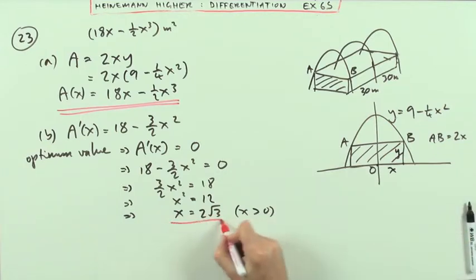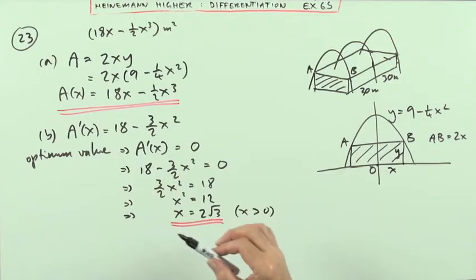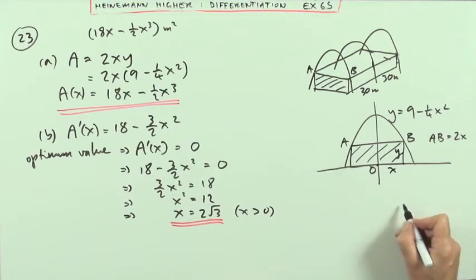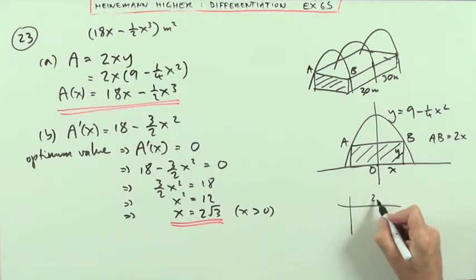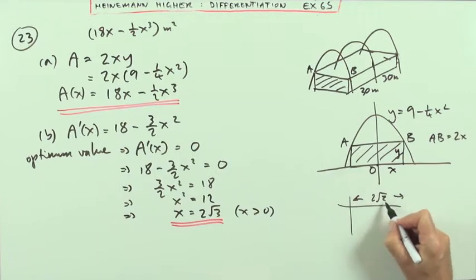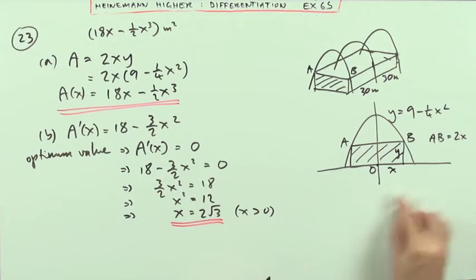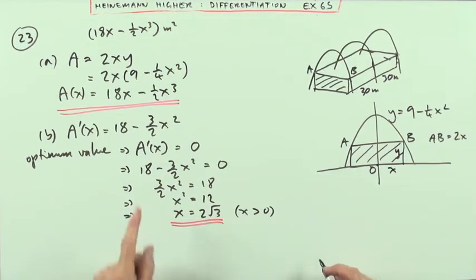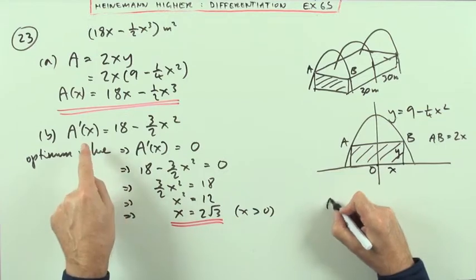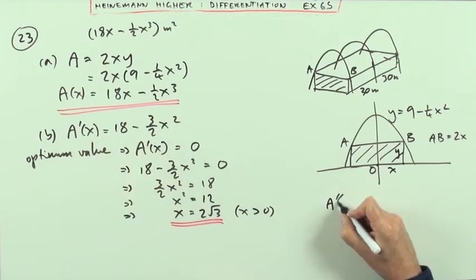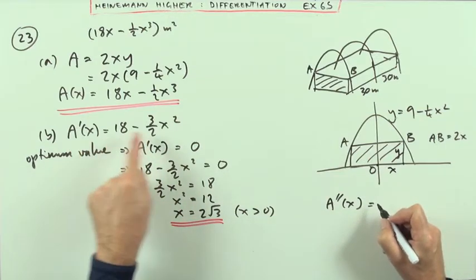So something happens when x is 2 root 3, and the question says it should provide a maximum volume, but I'll just check that. I could make up a nature table with 2 root 3 and then see what happens before and afterwards for the area. Do that if you wish, pick a number before and after, or you can use the second derivative, because the second derivative will be quite neat. The first derivative gives this expression, so the second derivative will be differentiate it again.